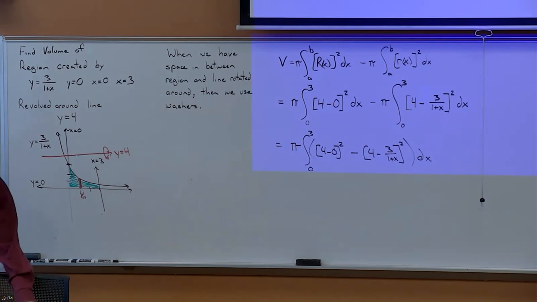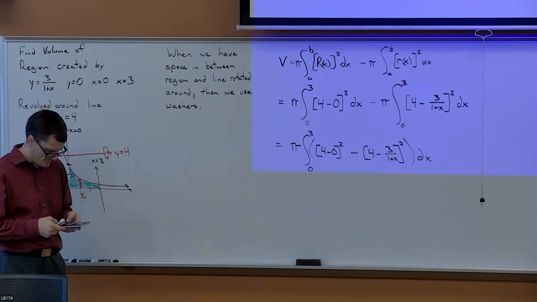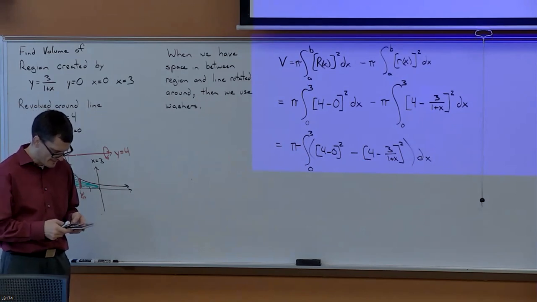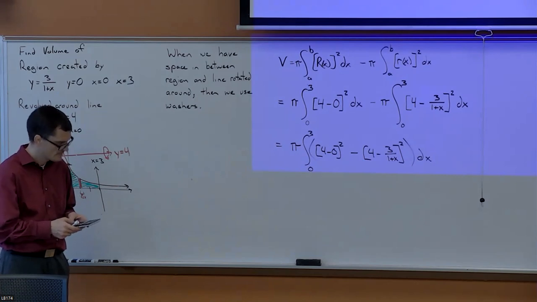Be very careful when you type in 3 divided by 1 plus x. Make sure the 1 plus x is all in the denominator. So let me do that. I haven't done that yet. I'll use that second version.